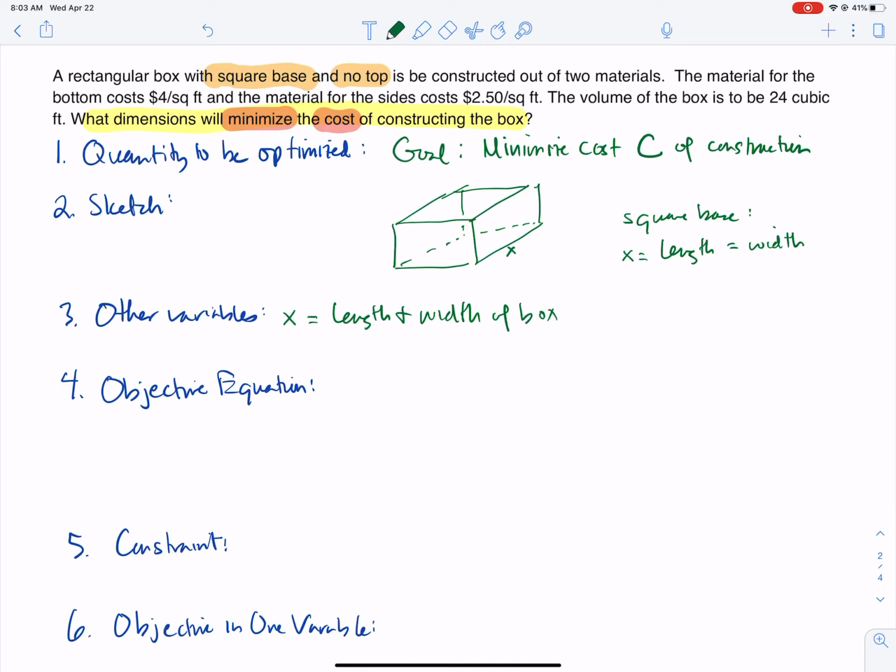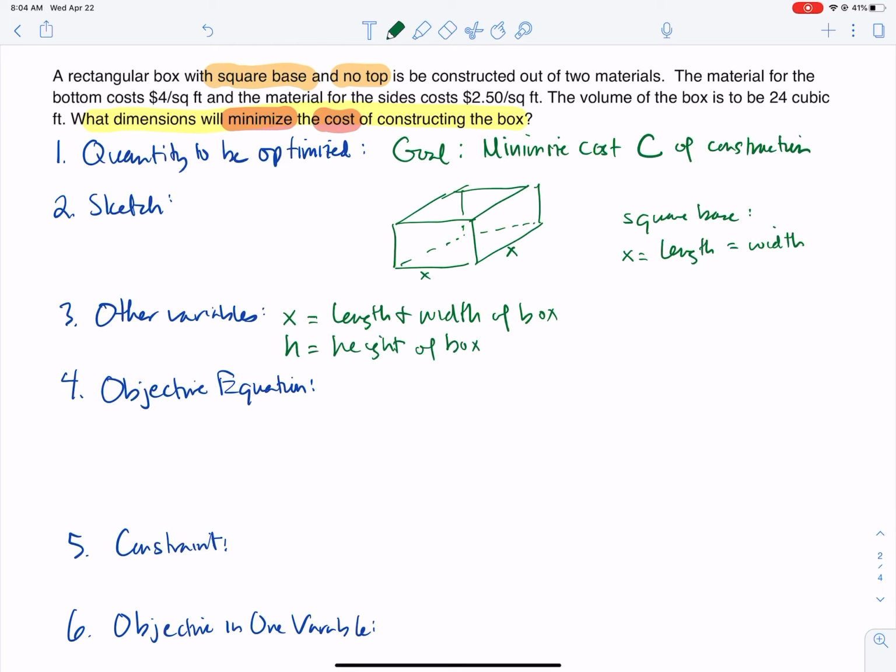And I can put them here on my diagram. And then the other thing I need to account for is the height of the box. And so we're taking advantage of reading carefully and recognizing that we only have two other variables. We don't need to have separate variable names for length and width.